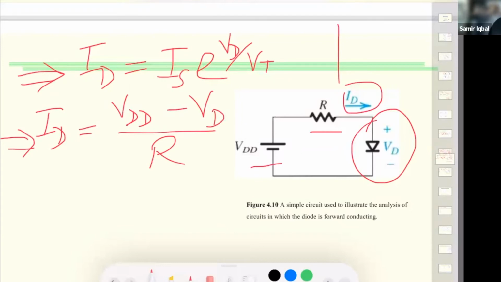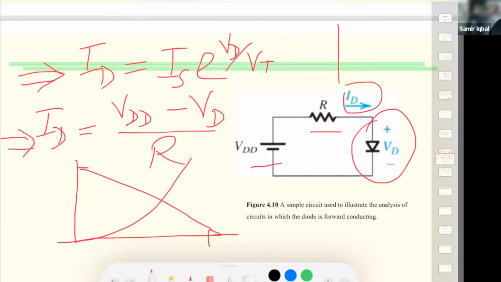What we do is we plot these behaviors: one gives us an exponential plot, and the other gives us a linear plot. This is voltage and this is current. Now this cutoff point is when the voltage across the diode is zero.